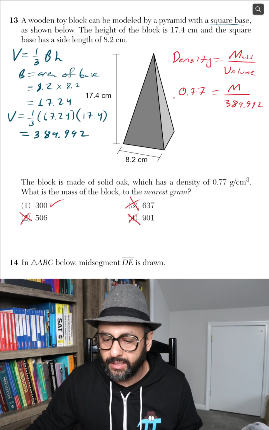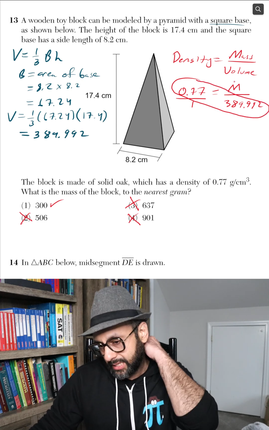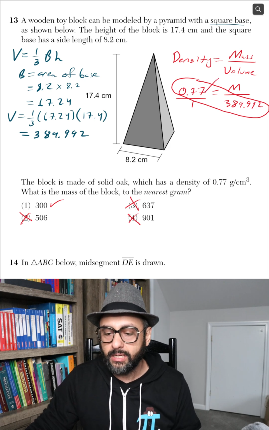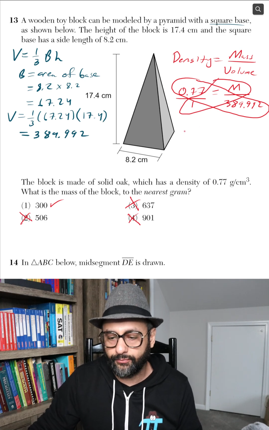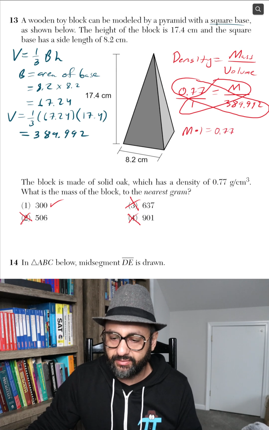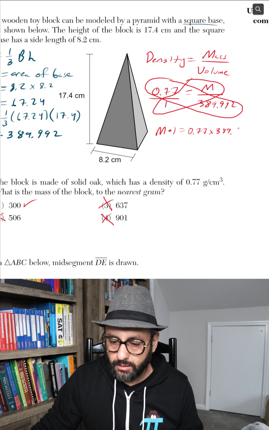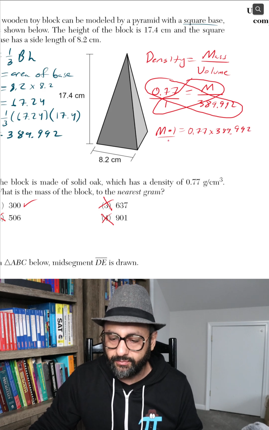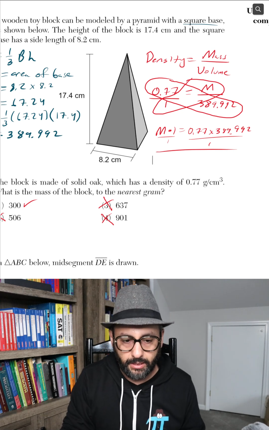And so I'm going to cross multiply. Put this over 1 just so you see what I mean by cross multiplying. I know I already did one with cross multiplying, but that one didn't have the variable on top. So this one I'm going to cross multiply just for simplicity and for learning. M times 1 is equal to 0.77 times 389.992. You don't have to divide by the 1 because you know what happens when you divide by 1.